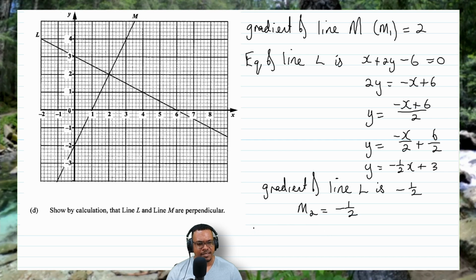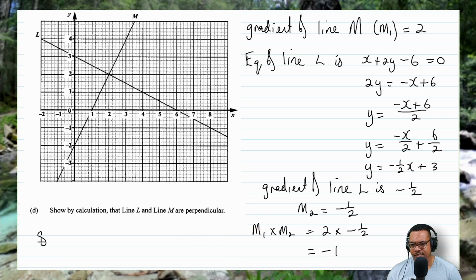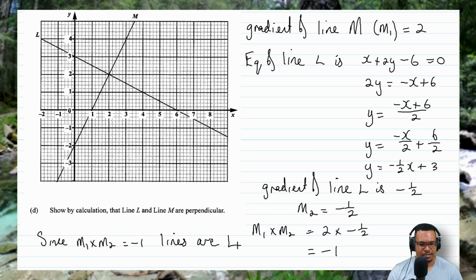And now if we multiply M1 times M2, which is the gradient of line M with the gradient of line L, we will get 2 multiplied by negative a half, which is equal to negative 1. And anytime you multiply the gradients of 2 lines and you get negative 1, then the lines are perpendicular. So I'll just write here, since M1 times M2 is equal to negative 1, the lines are perpendicular.